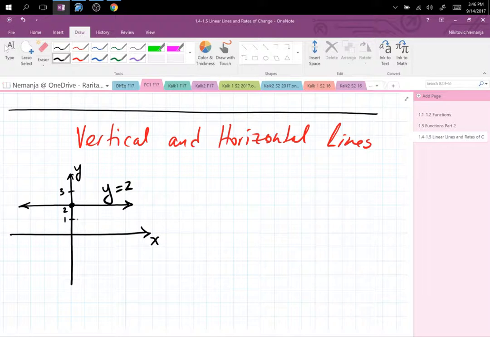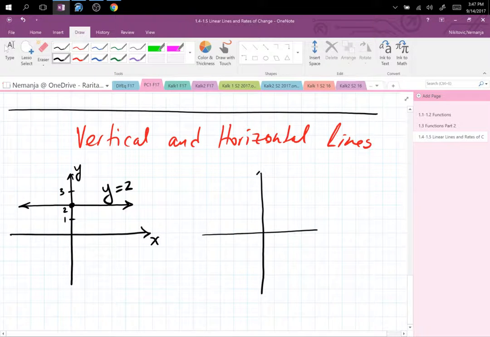So horizontal lines will have an equation y equals a number, and it goes through that number on the y-axis. The vertical equation, let's say this one, going through negative 3 would be x equals negative 3.